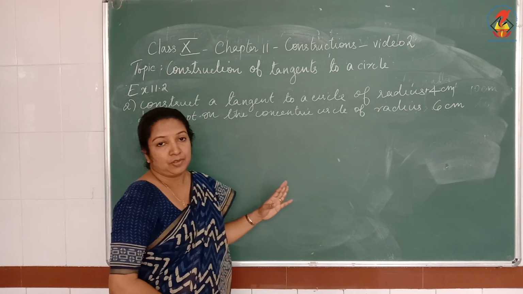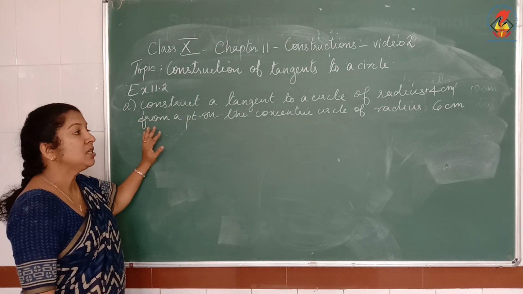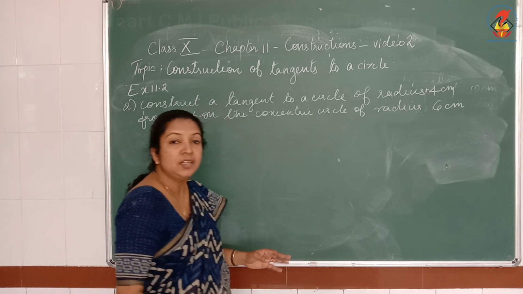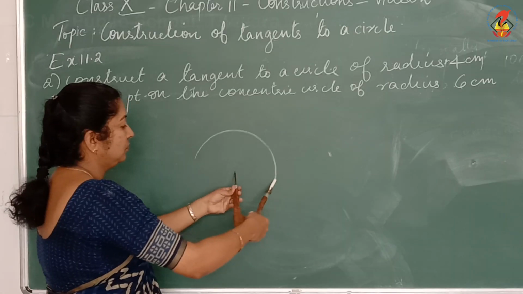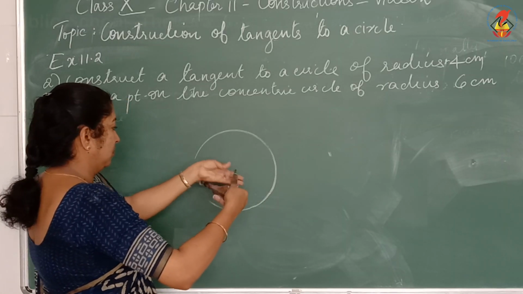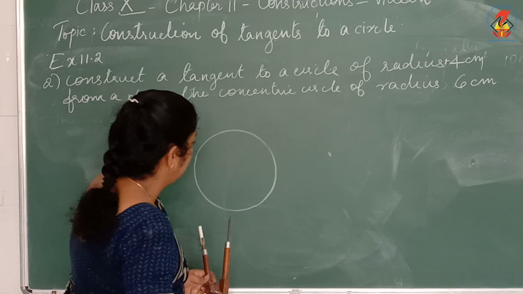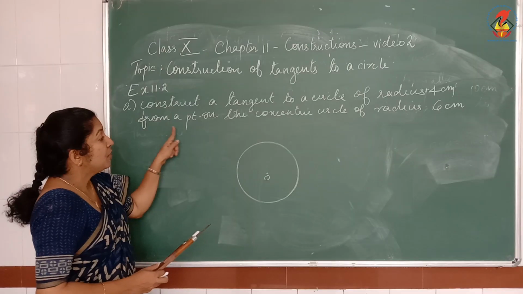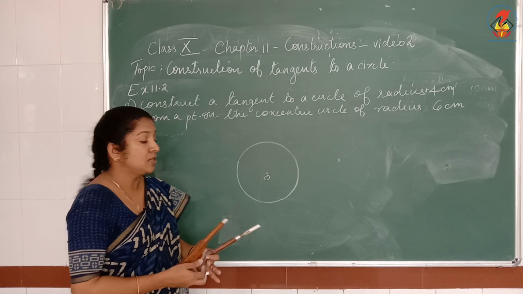Measure its length. So we need a circle of radius 4 centimeter. This is the center O. Then, from a point on the concentric circle of radius 6 centimeter.